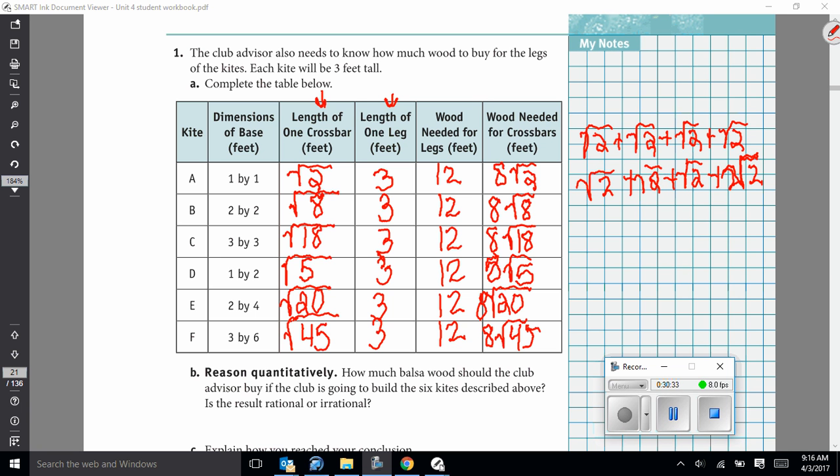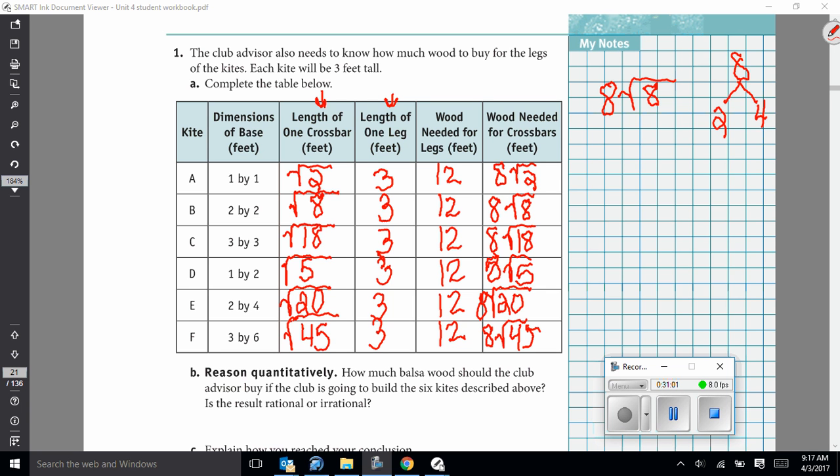Alright, so some of these, like this one and this one, we can reduce that number inside, right? So let's go ahead and do that. So 8 square root of 8. 8 factorizes to 2 times 4.